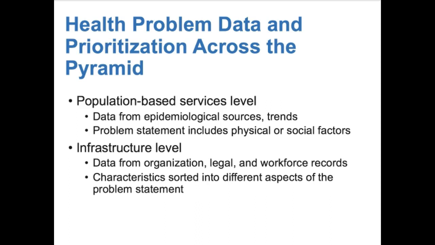At the bottom of the pyramid in the infrastructure level, the data are coming from organizations, legal or workforce records, and these characteristics can be sorted into different elements of the health problem and can serve as a check on potential barriers and facilitators of the program.